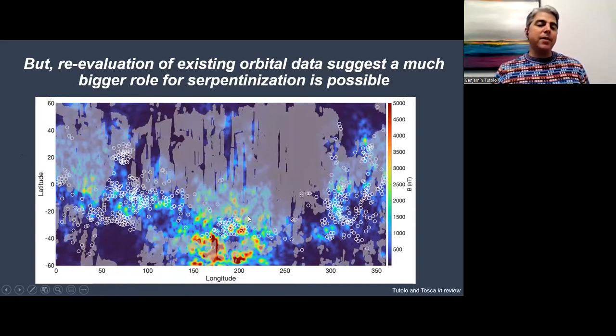What we begin to see is that hisingerite or hisingerite-probable areas of the planet coincide roughly with the places where we have large amounts of magnetization, suggesting that a much larger role of serpentinization is actually possible than would have been initially thought based on those initial analyses of probable identifications of magnesian serpentines like lizardite and chrysotile by Bethany Ehlmann over a decade ago.